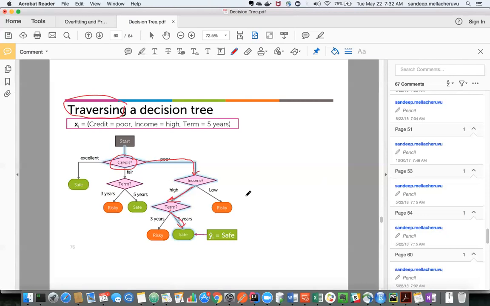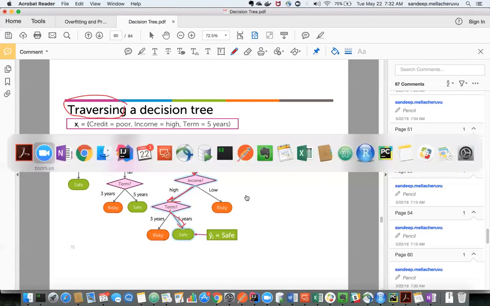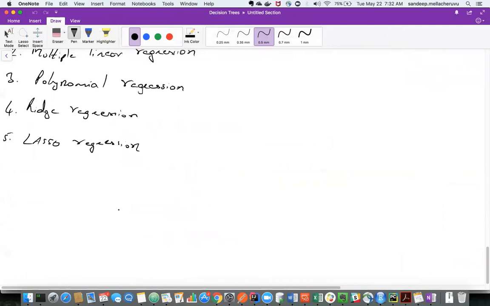Now you can easily see the advantage of the decision tree: it's highly interpretable. So in machine learning, there are two kinds of models.